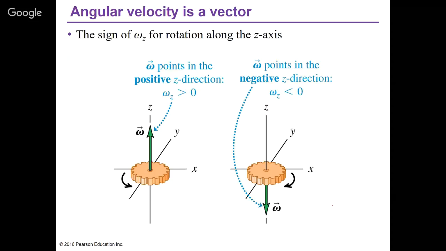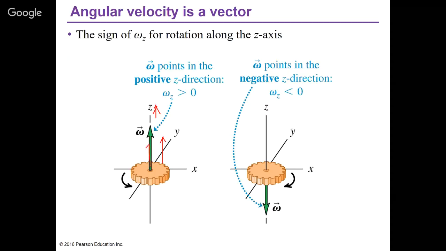The sign of the angular velocity along a certain z-axis depends on whether its direction is the same as the positive z direction. In this case, this gear is rotating counterclockwise, and you use the right-hand rule.